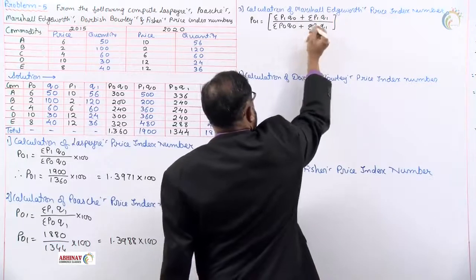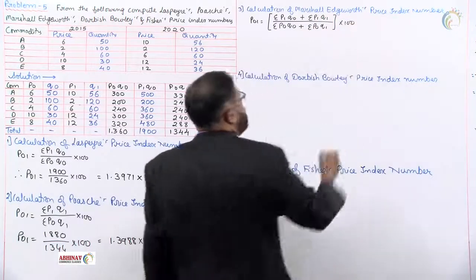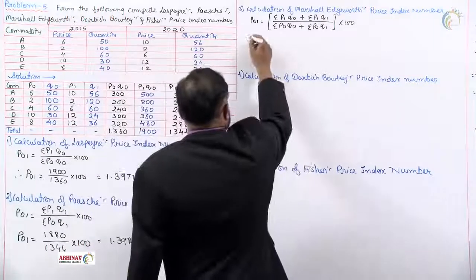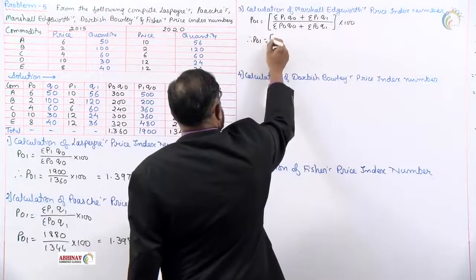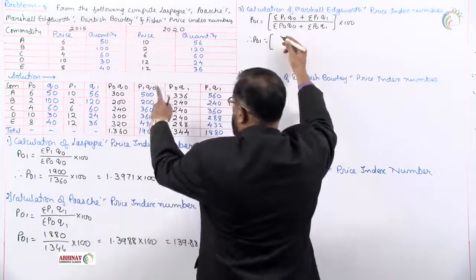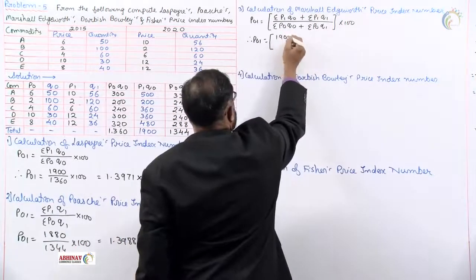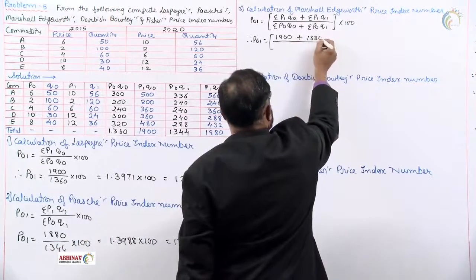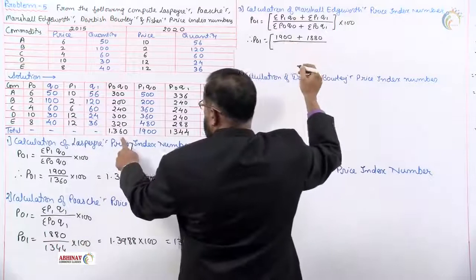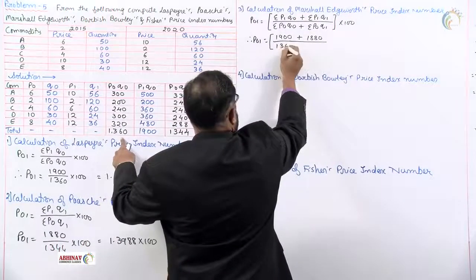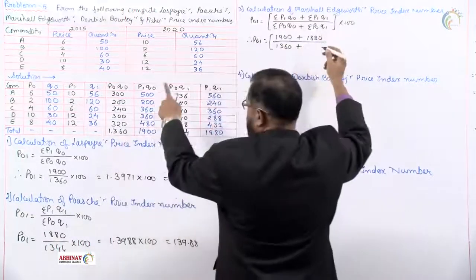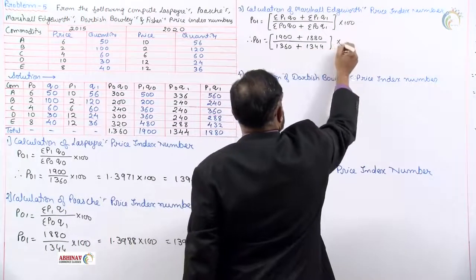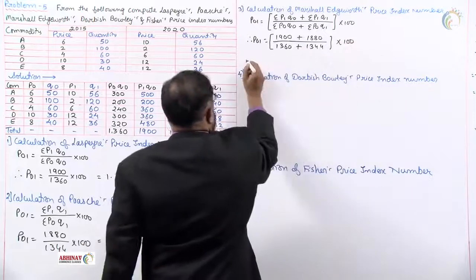Add the numerators, add the denominators, into 100. Let us substitute the values. P01 is equal to summation P1 Q0, 1900, plus P1 Q1, 1880, divided by P0 Q0, 1360, plus P0 Q1, 1344. This into 100. Now we have to add it.